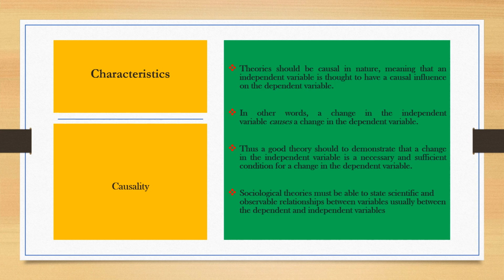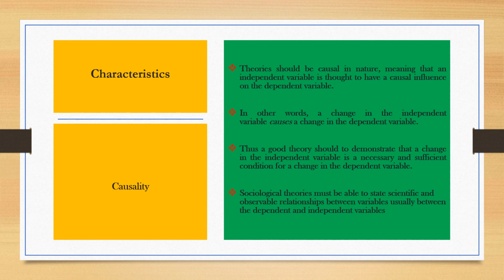When we talk about theory in terms of causality and the issues of variables, I want to invite students to the slide that talks about variables, where we have talked about the meaning of variables, the types of variables, and the relationship between independent and dependent variables.